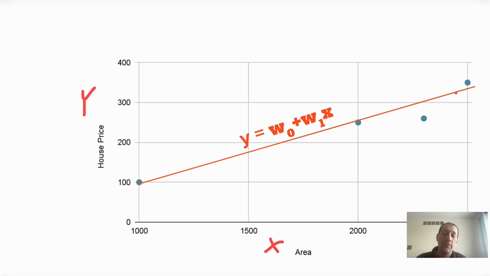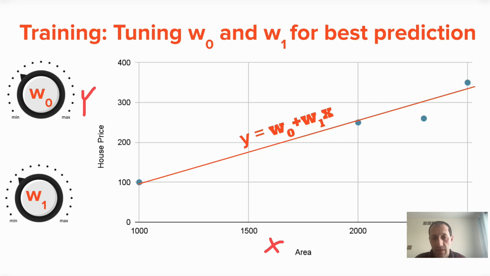And once the training is done, you end up with this line that does as good of a job in fitting to the actual data as possible. Now, what is training in this situation? The training is essentially tweaking the values of W0 and W1.